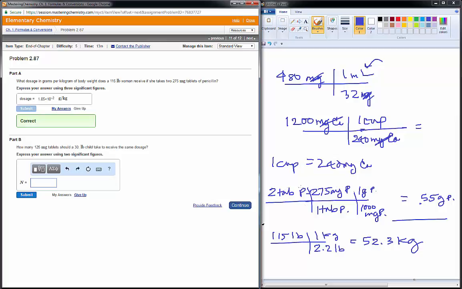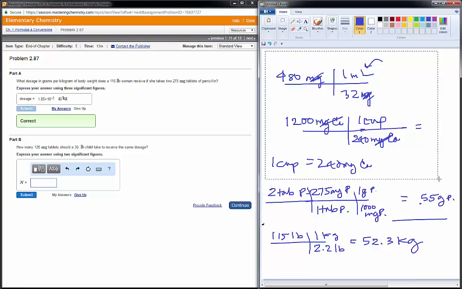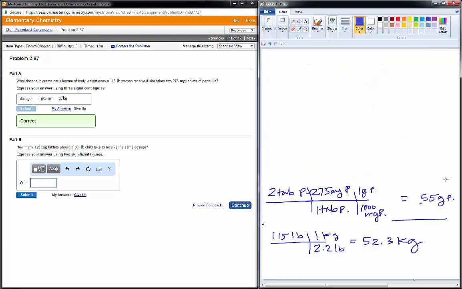We just mean relative to her body weight, so that her body is essentially receiving the same concentration of that drug. So now that we know we have 0.0105 grams of penicillin per kilogram of body weight.